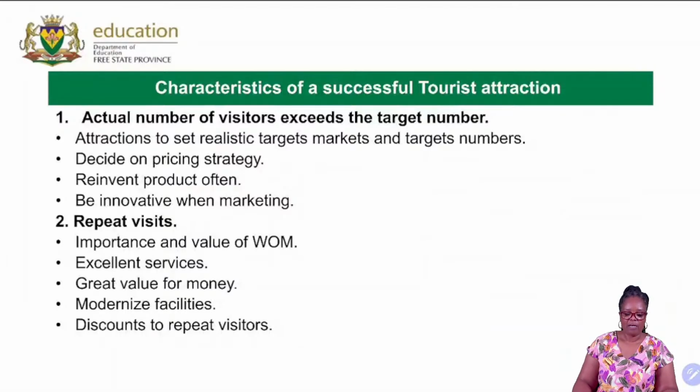And they need to decide on the pricing strategy. How much are the entrance fees? And what will tourists see once they are inside the attraction? They have to know how people can pay when they get to the attraction.